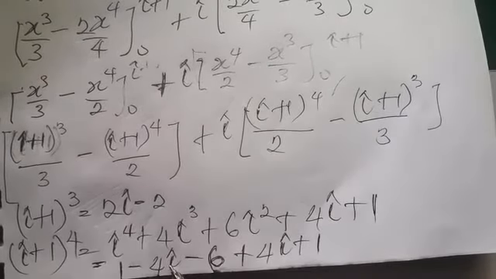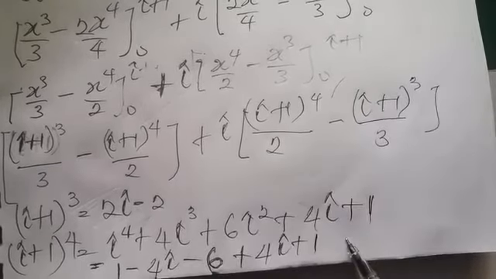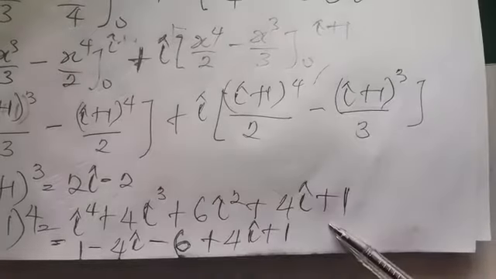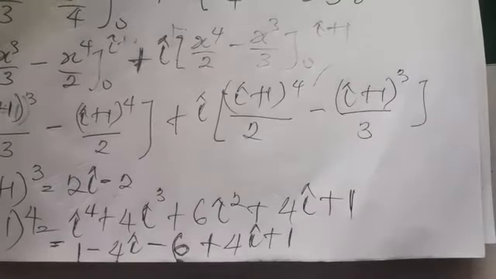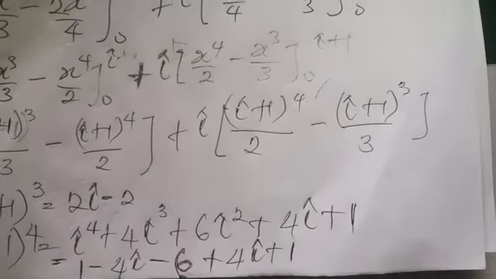Minus 4i plus 4i cancels out. 1 plus 1 gives us 2, minus 6, that gives us minus 4. So (i+1)^4 is equal to minus 4.